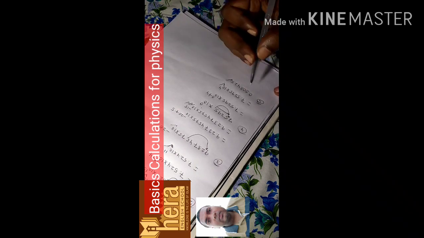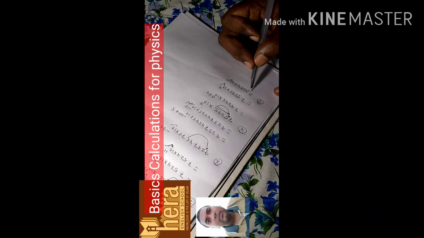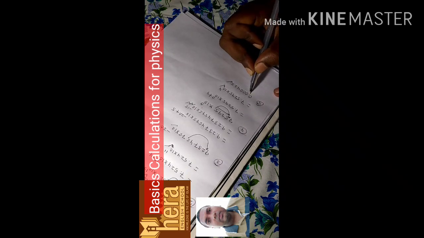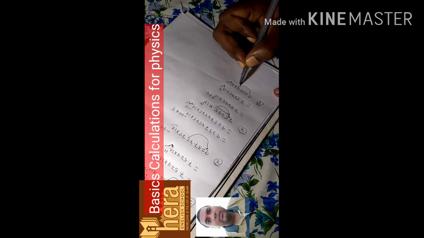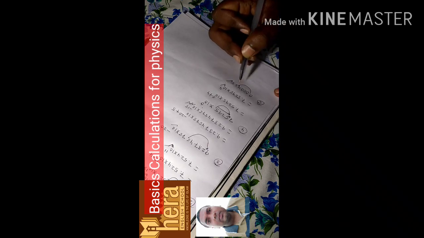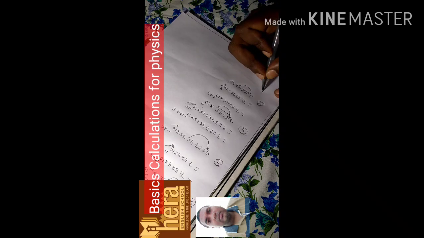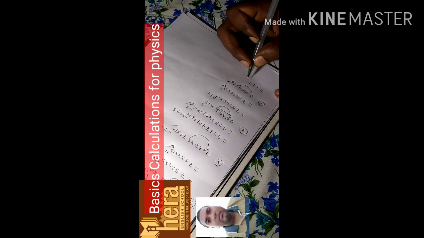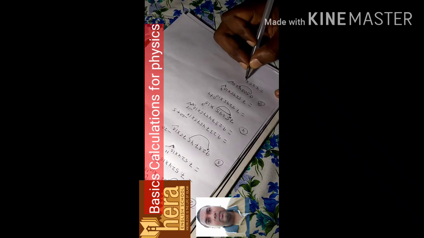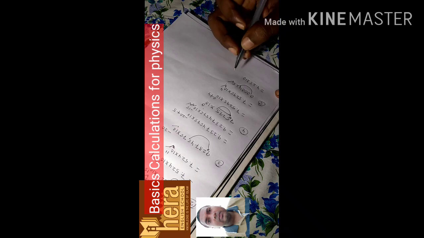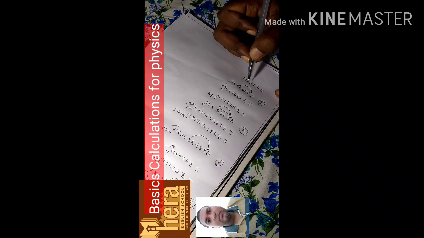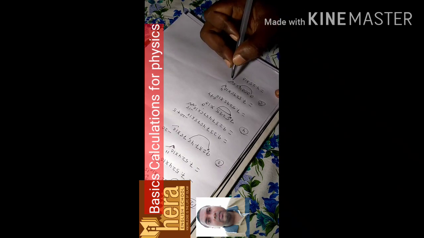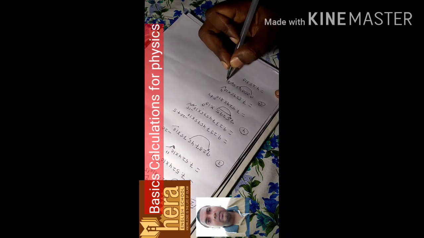First of all, the decimal should be here, after one digit. This will be equal to 4.25 into 10 raised to, here nothing is there, so you can write 10 raised to 0.